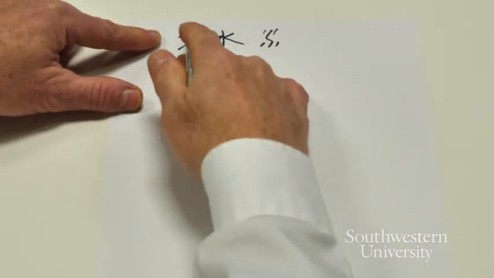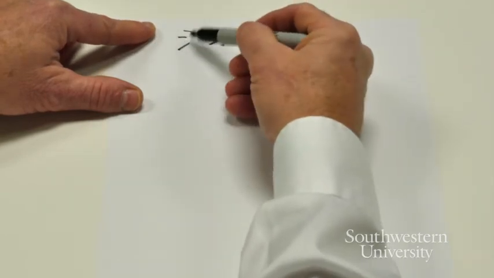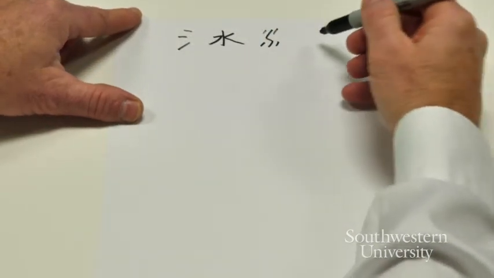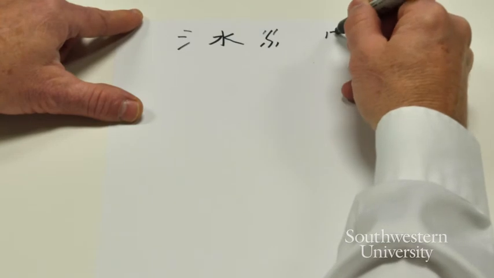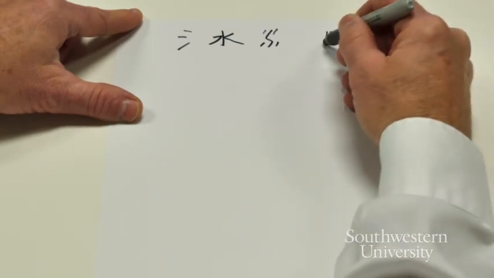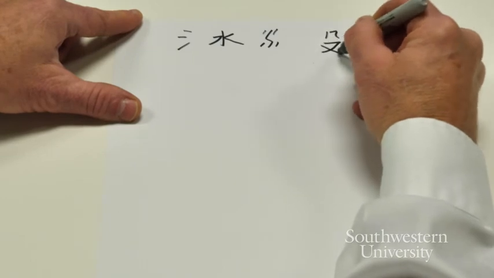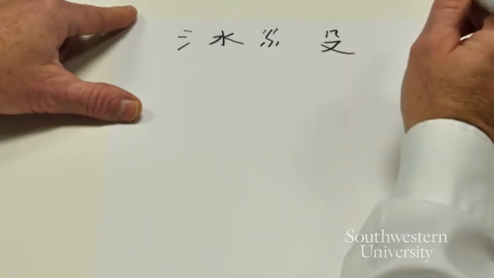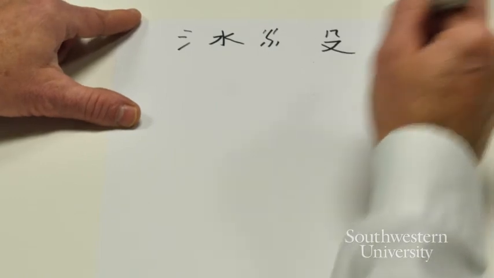San dian shui, three drops of water. And then the right-hand side is just phonetic. You've got a funky form of ba, eight, and then the right hand. And it's never occurred to me why that is phonetic.